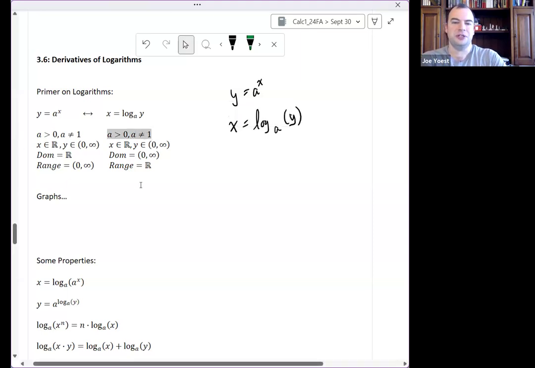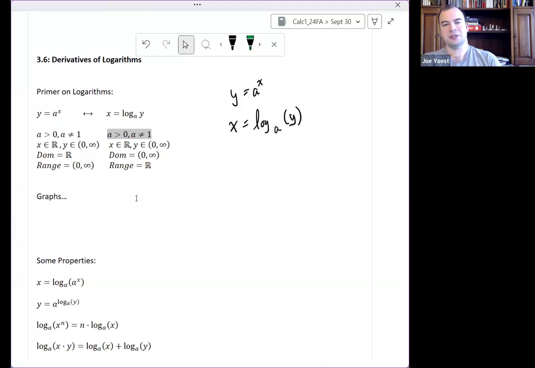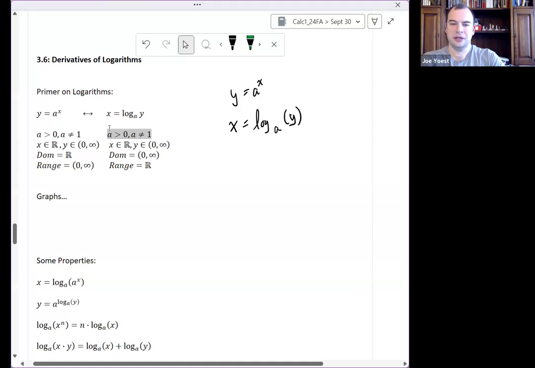When I move from a function to its inverse function, I essentially flip the graph over the line y equals x, and I exchange the roles of x and y. I still have my same restriction on the base a, log base a of y. The base a still has to be positive and not equal to 1. I still have that, be careful here, x equals log base a of y. I have that x is all real numbers and y is positives.